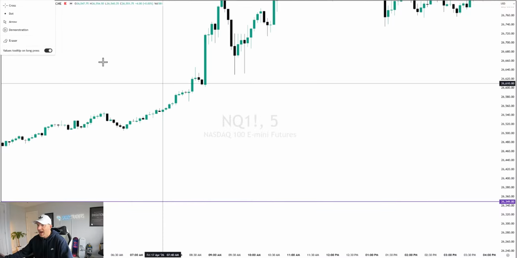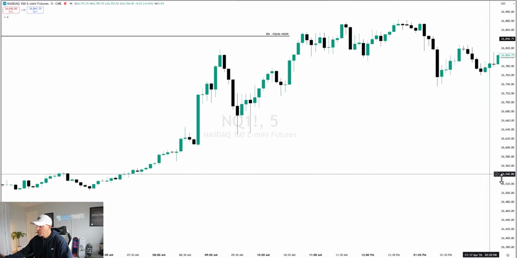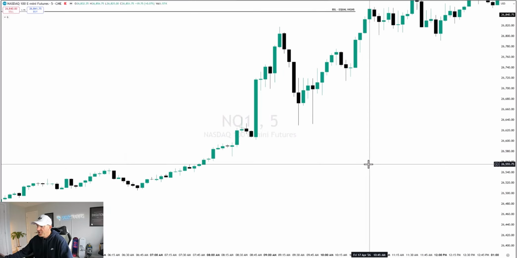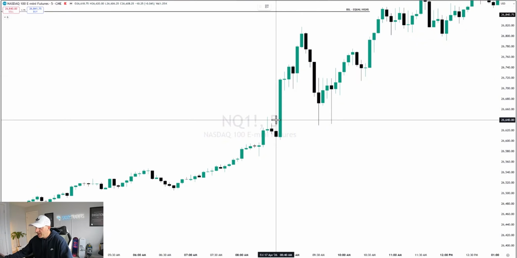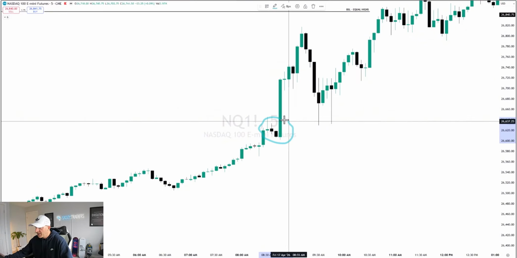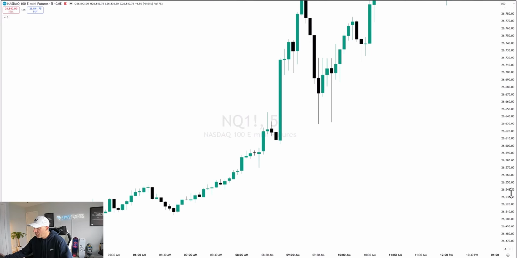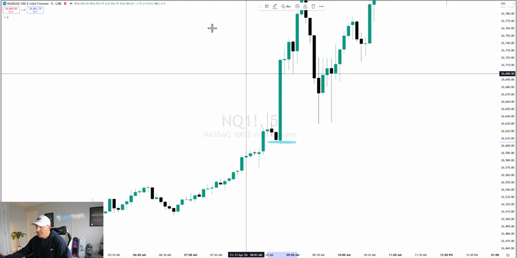You wait until we have a pullback. So let's just zoom into this area right here, and you can see the market moves up and we have a pullback right here, right? That's our pullback. So once we establish that pullback, we look for support, right? Right here, we can tell buyers are stepping in.